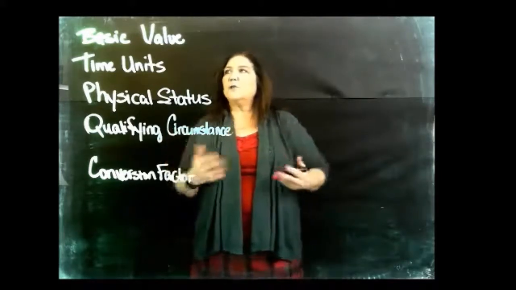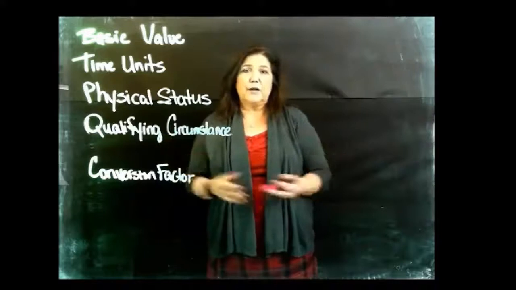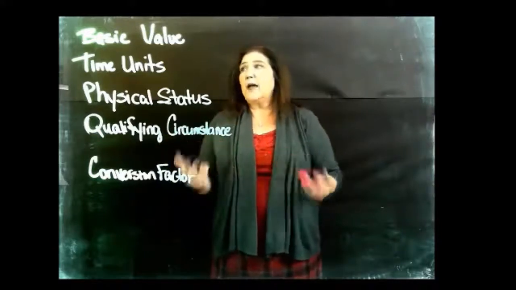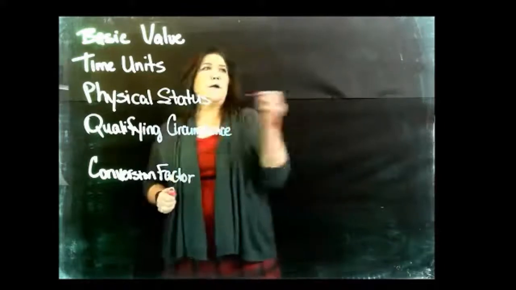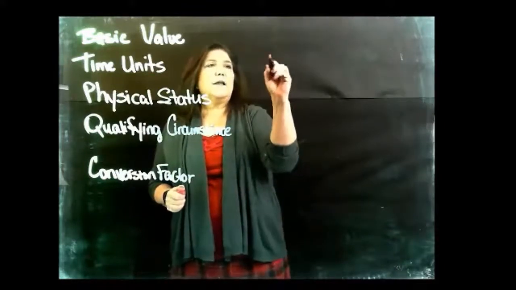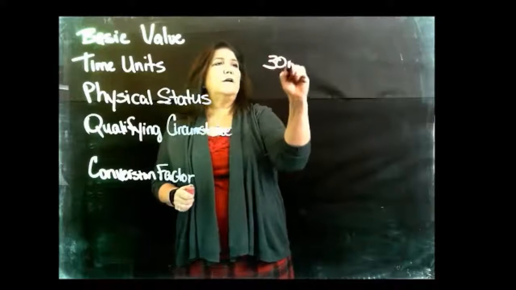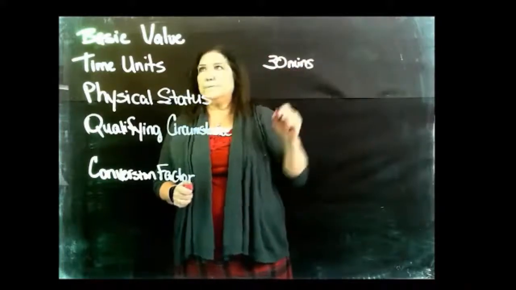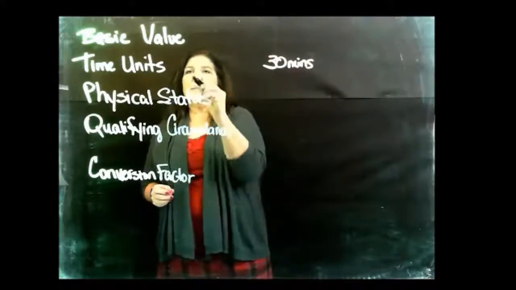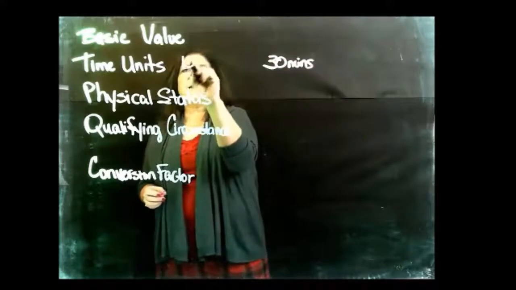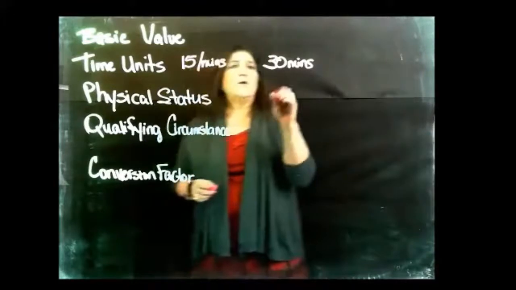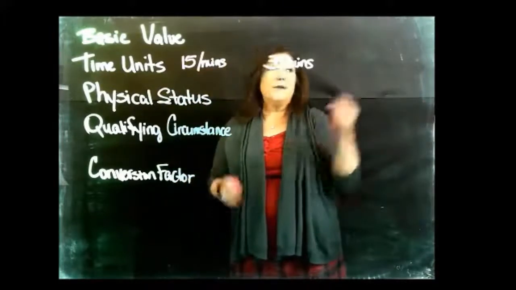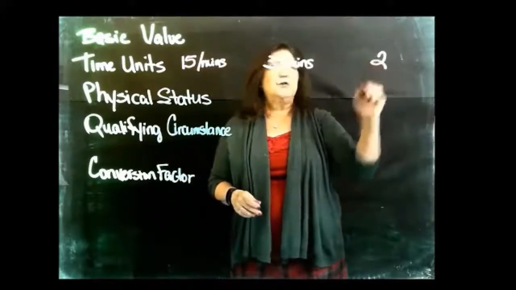So let's start with an 86-year-old gentleman who was placed under anesthesia for 30 minutes. So there's our time unit. And we know that units are calculated at 15 minutes per unit, so 30 minutes gives us 2 units.